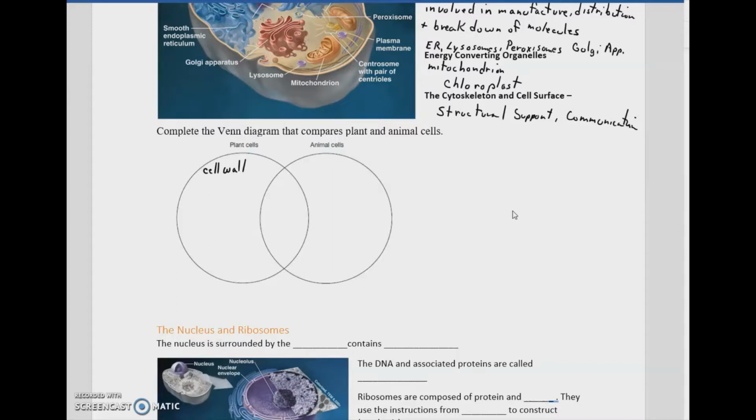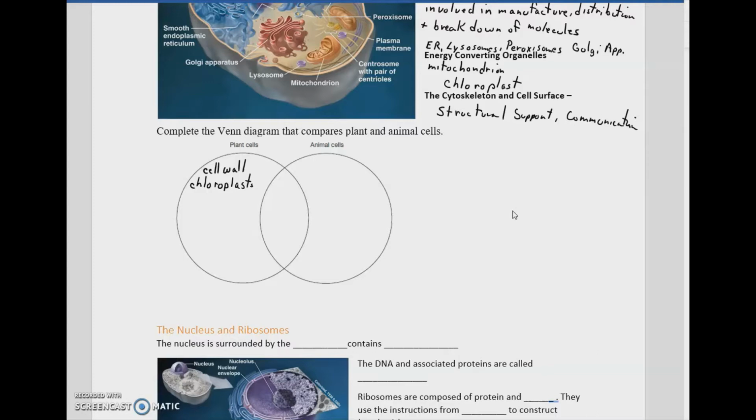Plant cells have chloroplasts. Chloroplasts, like I just said, allow the plant to harvest energy from the sun and make sugars from it. They're green, and if you took lab, you got to see some chloroplasts move around.